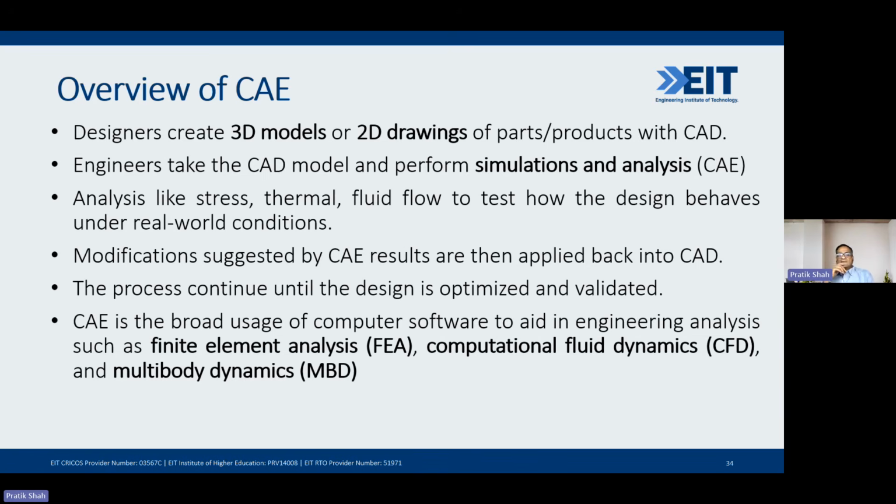If it is going to fail, you need to redesign it and then come back to the analysis part. And if the analysis is successful, then also you do not directly go for manufacturing. There would be a small stage of optimization between the analysis tool and manufacturing.